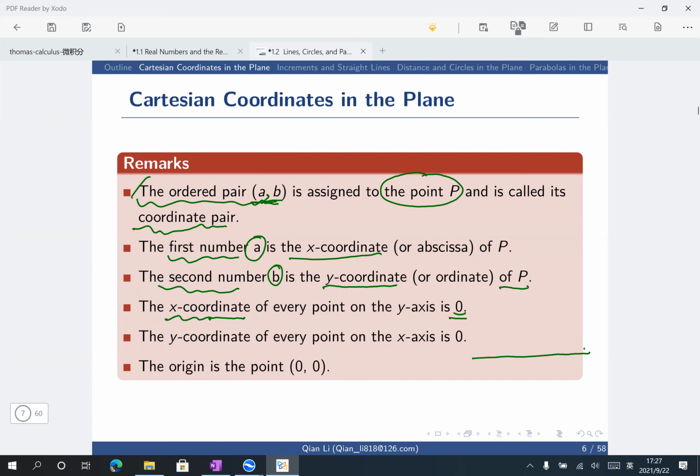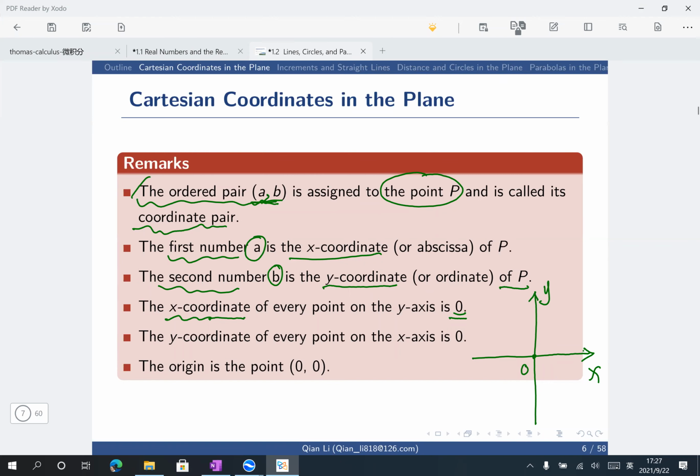First, we draw a Cartesian coordinate, okay, and this is the x-axis, and the vertical line is the y-axis, and this section is 0, right? The x coordinate of every point on the y-axis is 0.